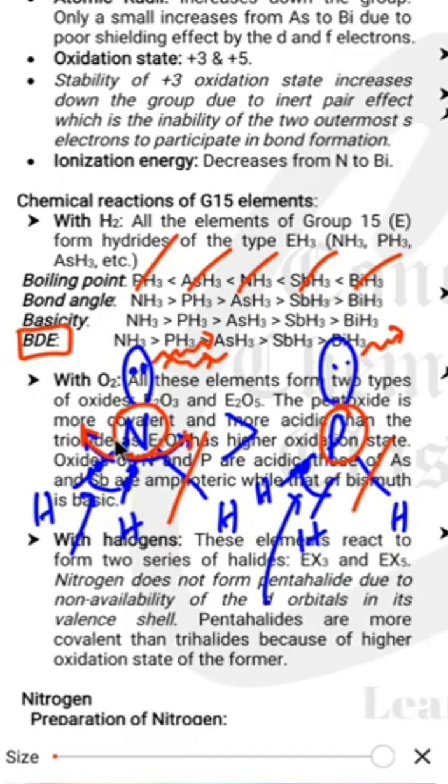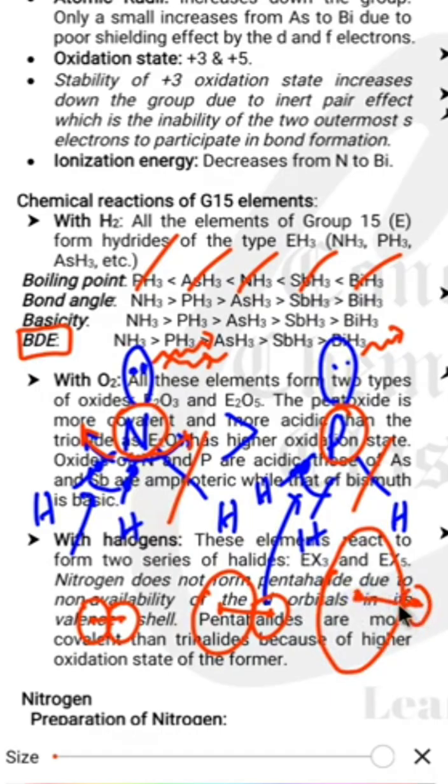Okay, let me explain this. Suppose this is nitrogen and this is our hydrogen. And in case of PH3, this is phosphorus and this is hydrogen. So the bond length from here to here is shorter, while in case of the PH bond, this bond length is larger. And in case of AsH3, this would be again larger. So bond length is again higher.